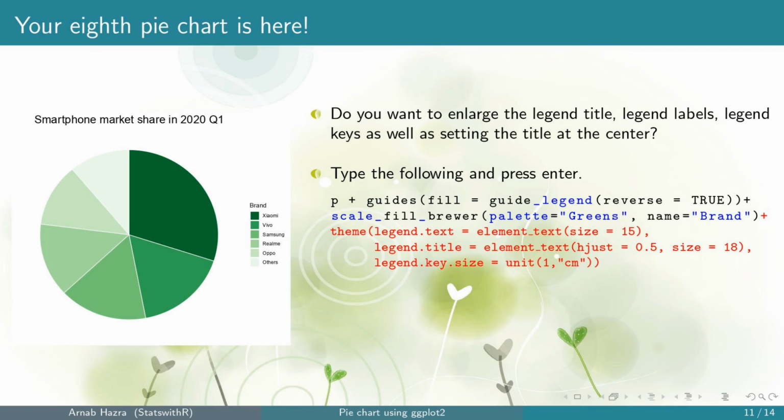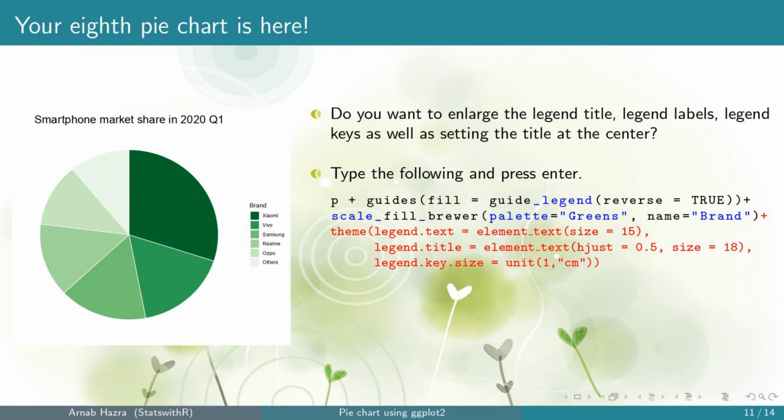This increases the font of the brand names. Legend.title equals to element_text, hjust equals to 0.5, comma, size equals to 18. hjust equals to 0.5 sets the legend title at the center and size equals to 18 increases the font of the legend title.